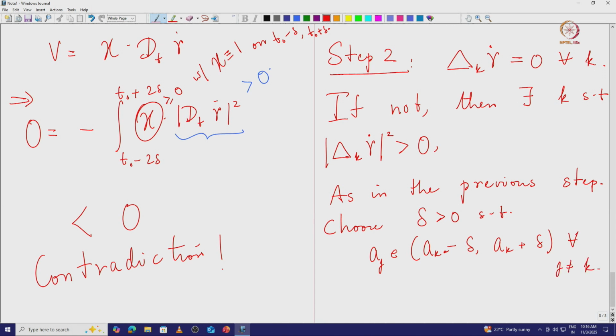Okay. So, you have your ak here, you take a little interval so that the rest of the problem points are sort of outside.